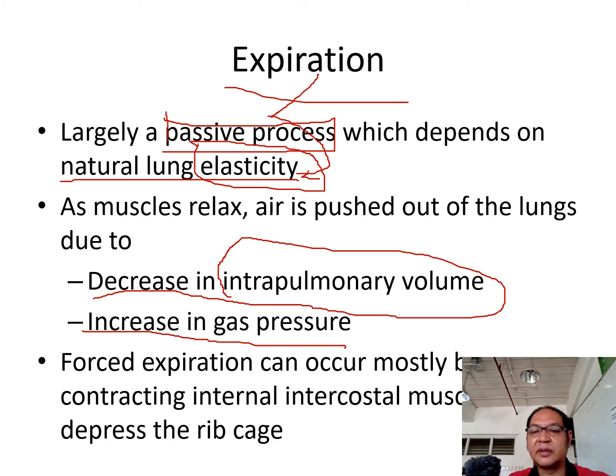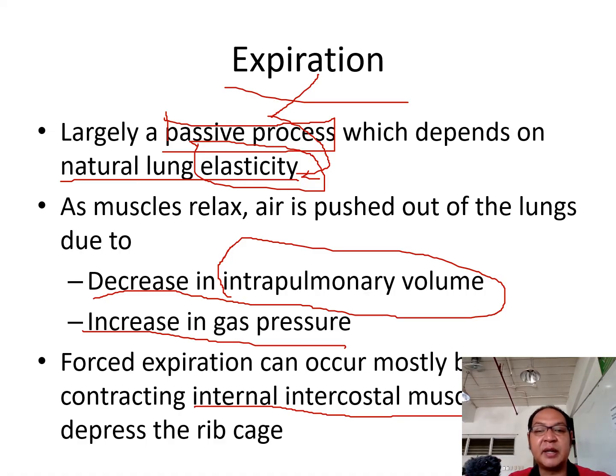Force, okay, so that one, no? So forced expiration can occur mostly by contracting intercostal muscles to depress the rib cage. So if you want to force, no, what you will do is make the internal intercostal muscle contract. Okay, that could happen, no?